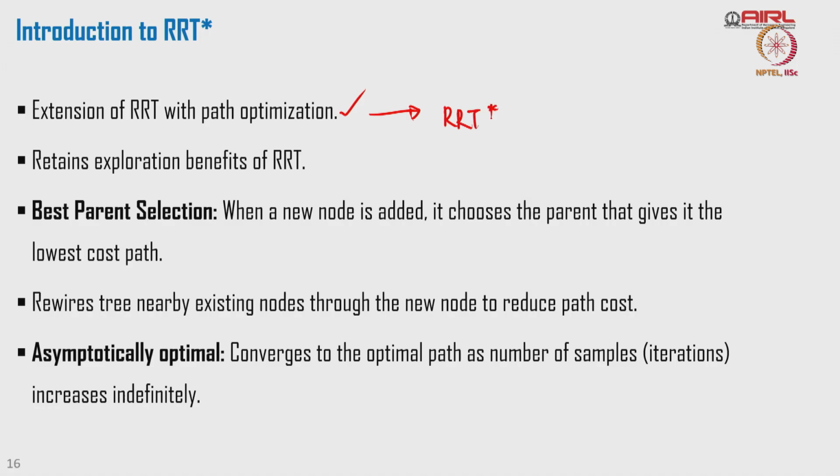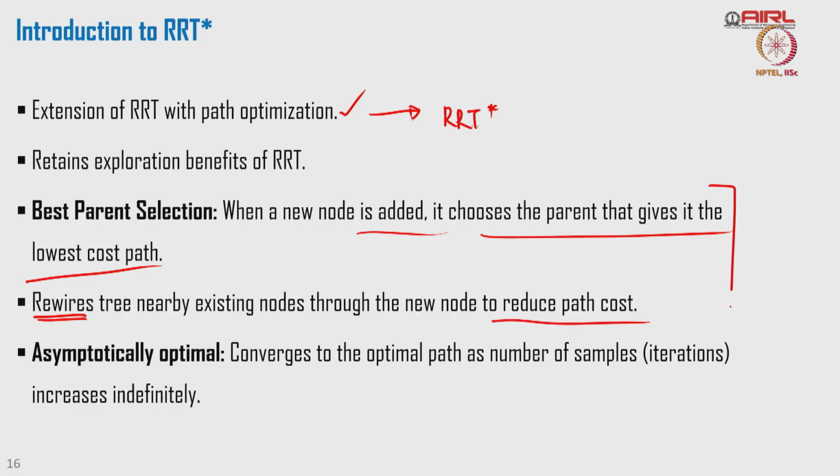Okay. It retains the exploration benefits of RRT, but there are certain other features like best parent selection. When a new node is added, it chooses the parent that gives it the lowest cost path. Okay. And then the important feature is that it rewires the tree, connecting nearby existing nodes through the new node to reduce the path cost.